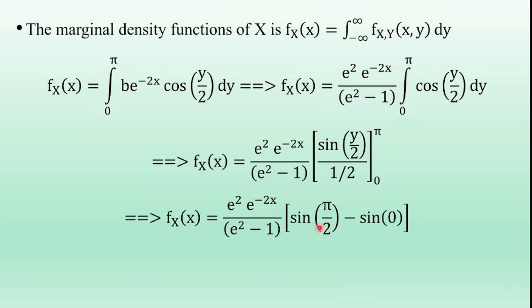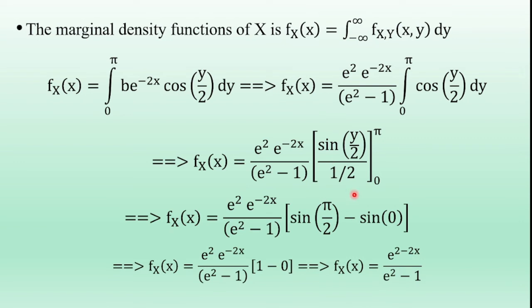Sin pi by 2 is 1, sin 0 is 0. So 1 minus 0, 1. So therefore fx of x is equal to, now 1 by 1 by 2 is 2. So 2 e square e power minus 2x by e square minus 1. So e square into e power minus 2x is written as e power 2 minus 2x.